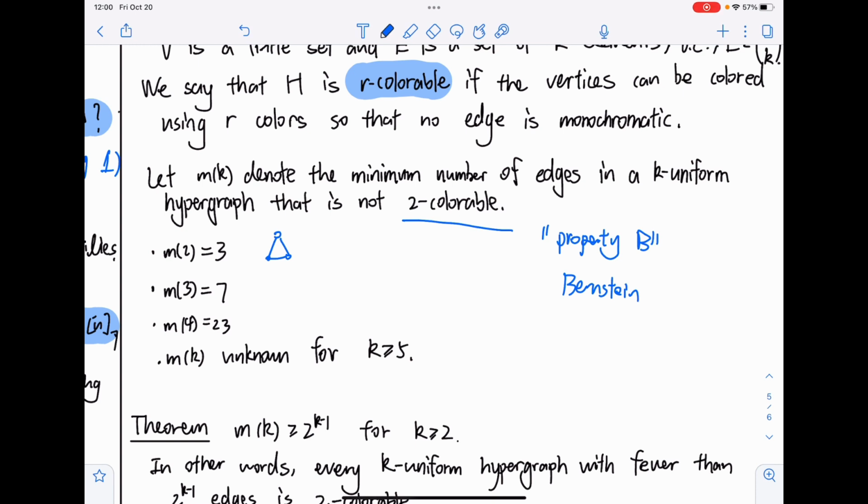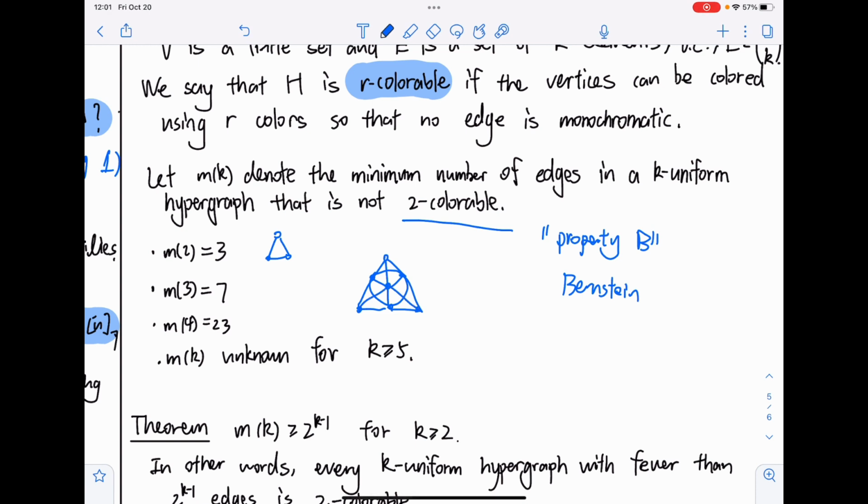If k is 3, then m(3) is 7, and I can show the example here.